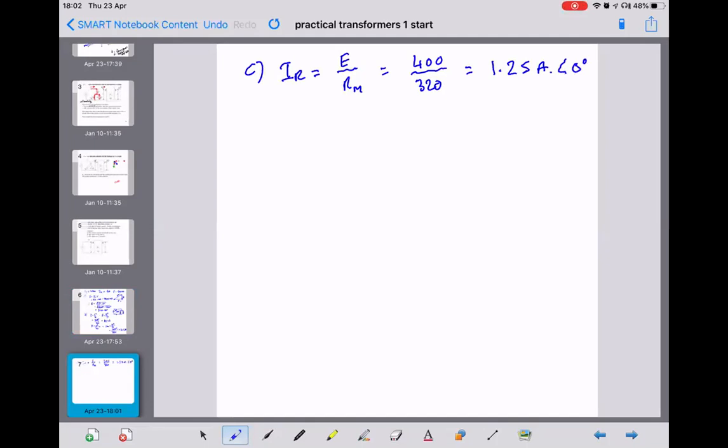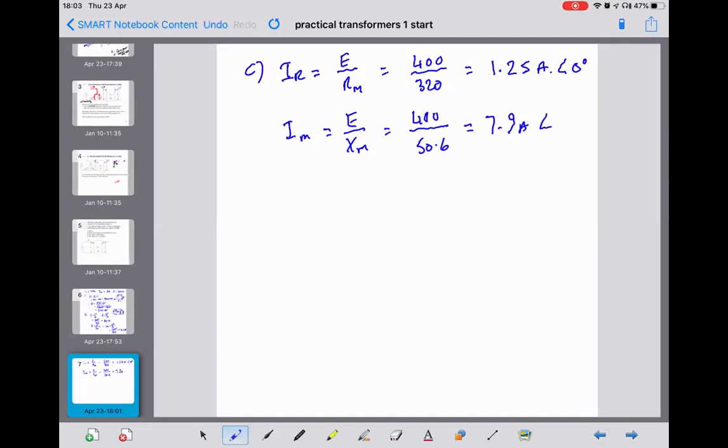And then I_M is E over X_M, 400 over 50.6 equals 7.91. 7.9 will do.